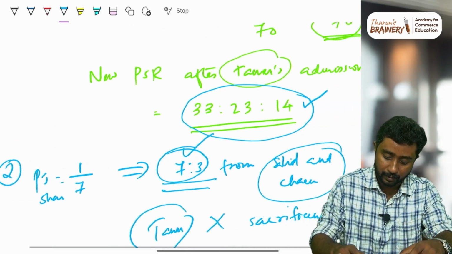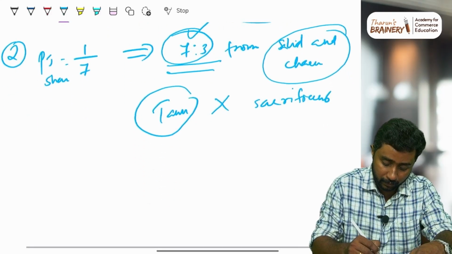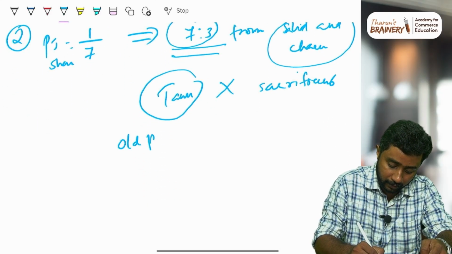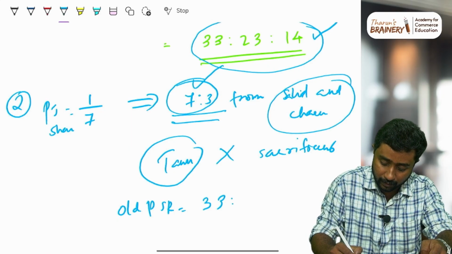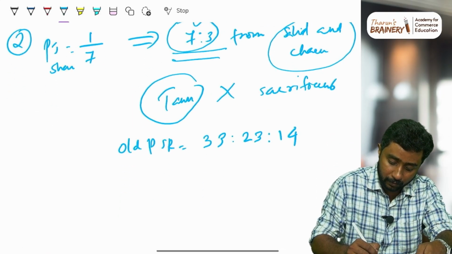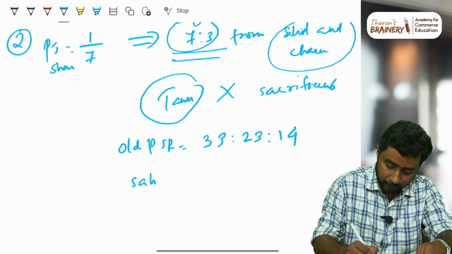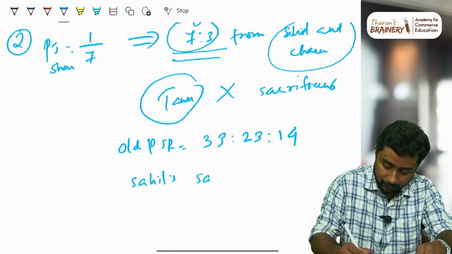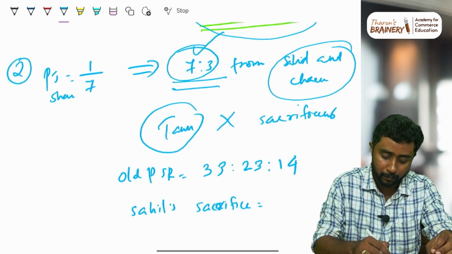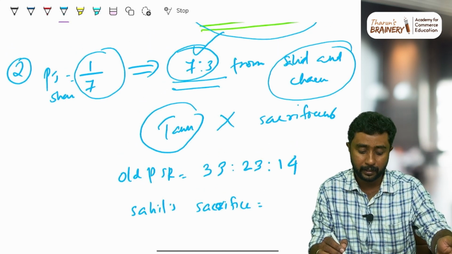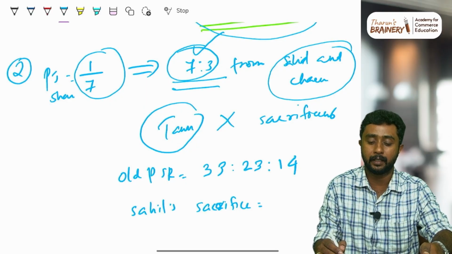So without further delay, second question that we can do. Now the old profit sharing ratio, which is actually existing now, is 33:23:14. Now coming to Sahil's sacrifice. How to find it? What does it mean? Puneet obtained 1 by 7 in the ratio of 7:3 from Sahil and Charu.